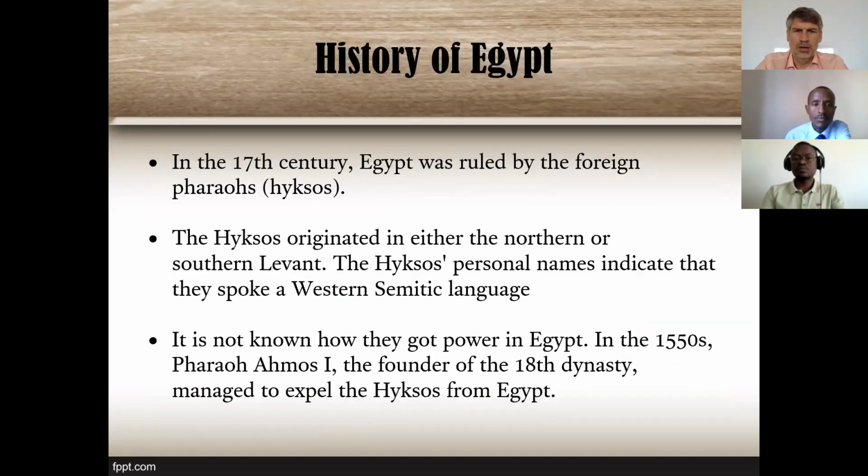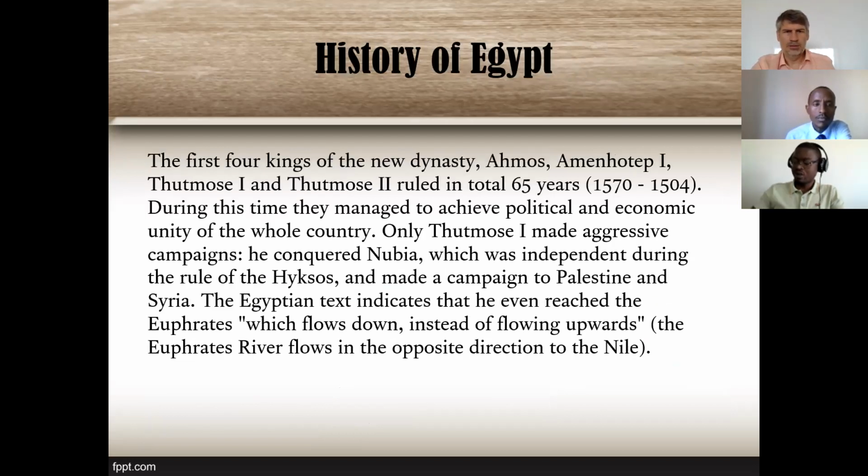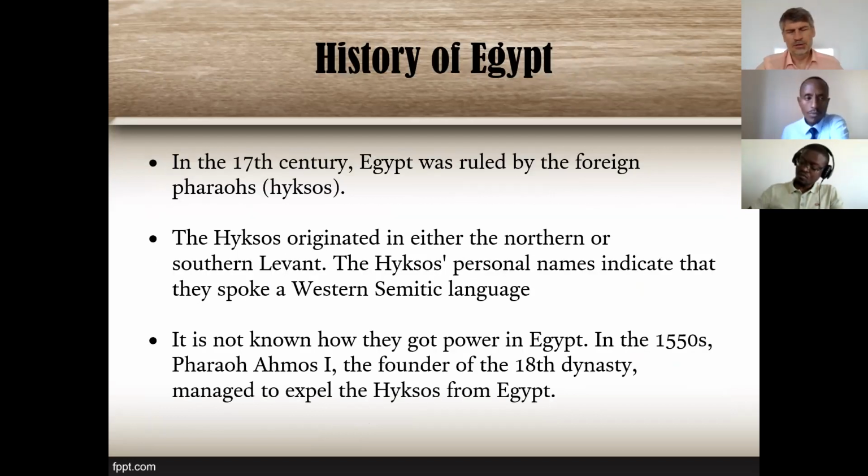Okay, so now let us speak about the history of Egypt. I have here one very interesting image from one of the tombs of Egypt. In one of those tombs, there is a picture of a caravan. This is the picture from Medinat Habu, and you can find it even on the internet.